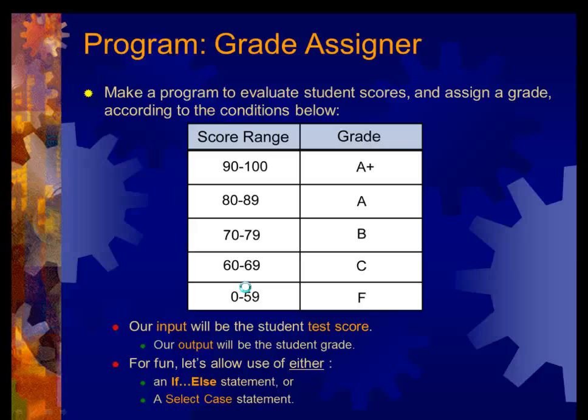I think we could just say, case is, and then score greater than or equal to, or maybe it should just be greater than, we'll see what he does in a minute. Let's say greater than or equal to 90. Okay, you understand? Then what will go next? Then we'll say, give A plus, right?